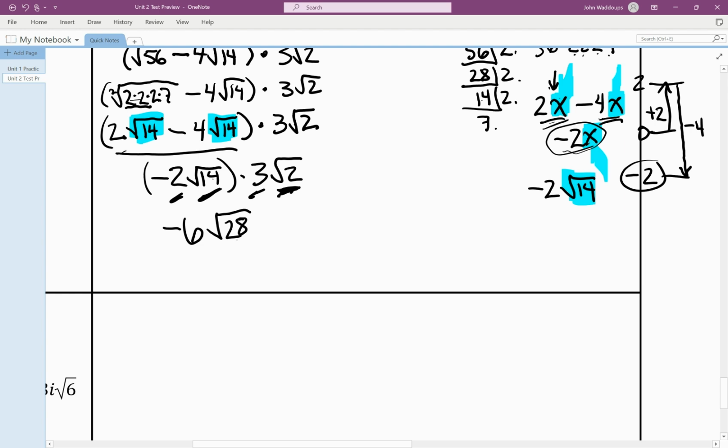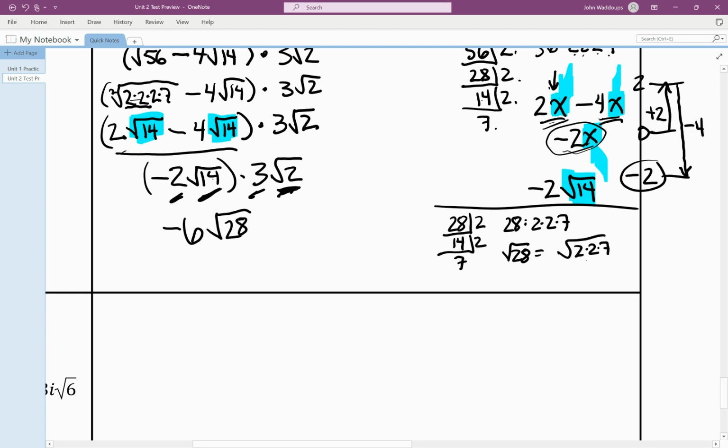Now I want to ask myself, can I simplify that 28? For that, what are the prime factors of 28? 2 goes into 28 14 times, and 2 goes into 14 7 times, and 7's prime. So the prime factors of 28 are 2 times 2 times 7. So the square root of 28 I could rewrite as the square root of 2 times 2 times 7.